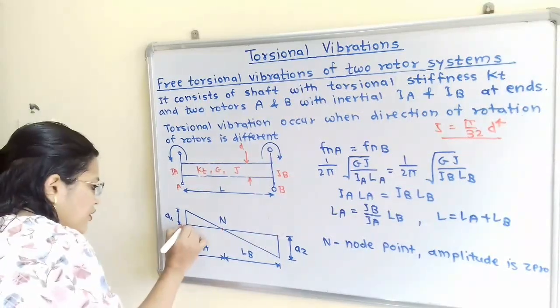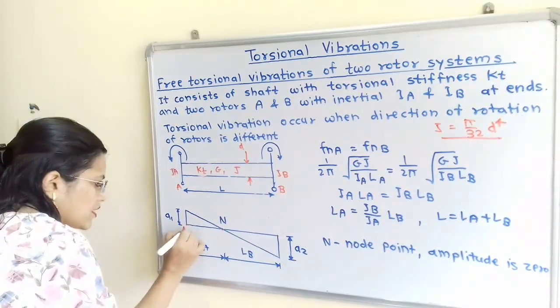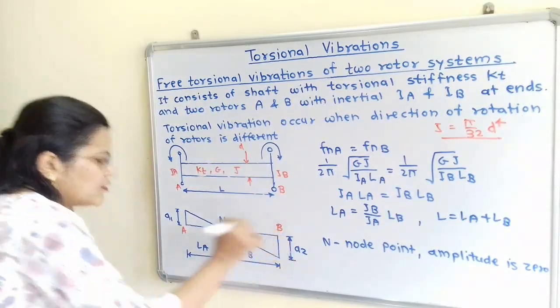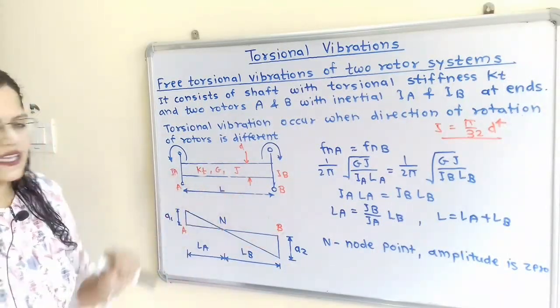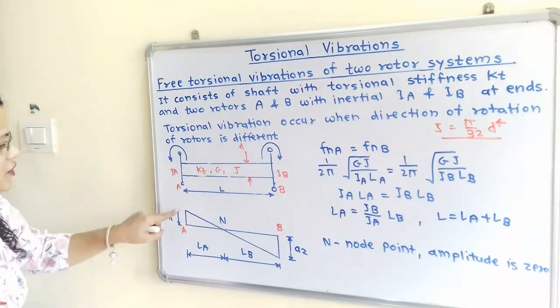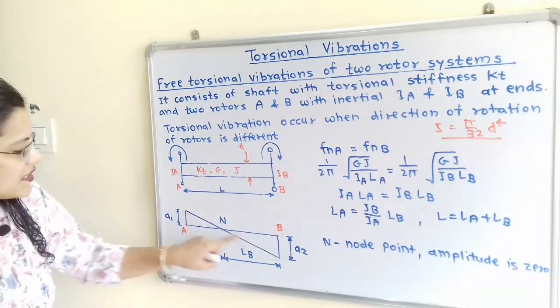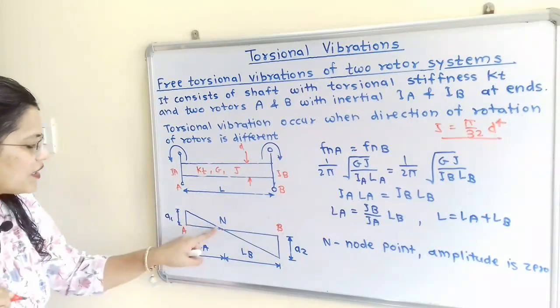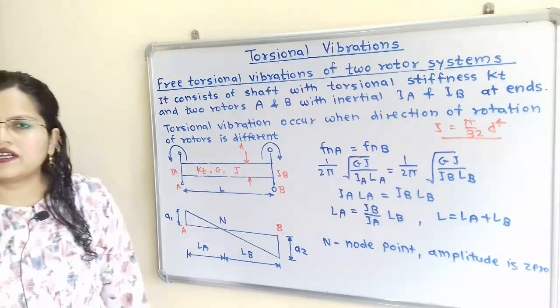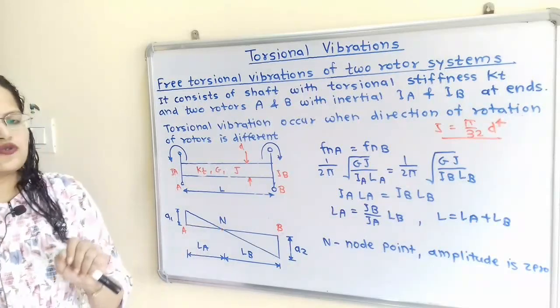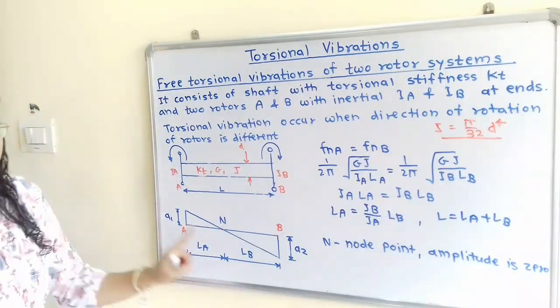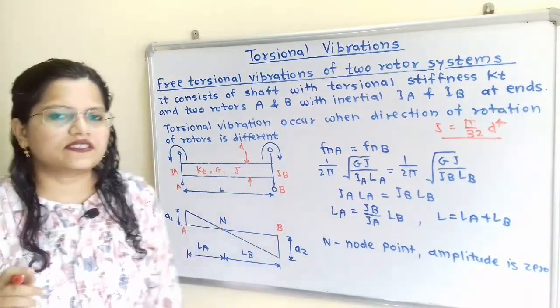So we will show here this is rotor A and at this point rotor B. Now the total length in between A and B is L. Now if we join the ends of A1 and A2, then we will get a point of intersection on the shaft, and this point is known as node point, that is N, and at this node point amplitude is 0.